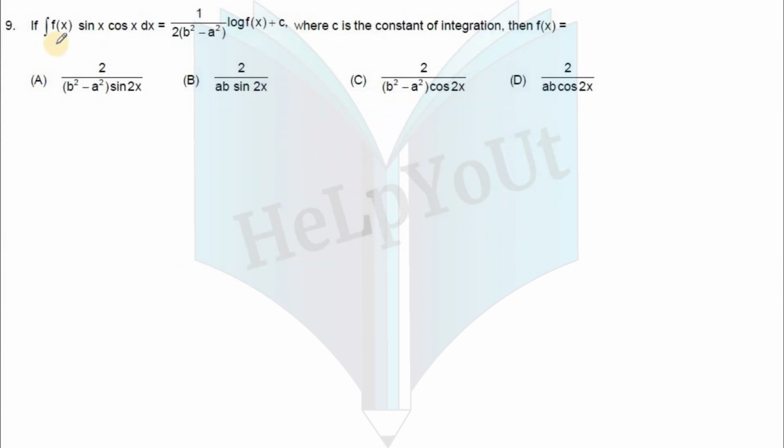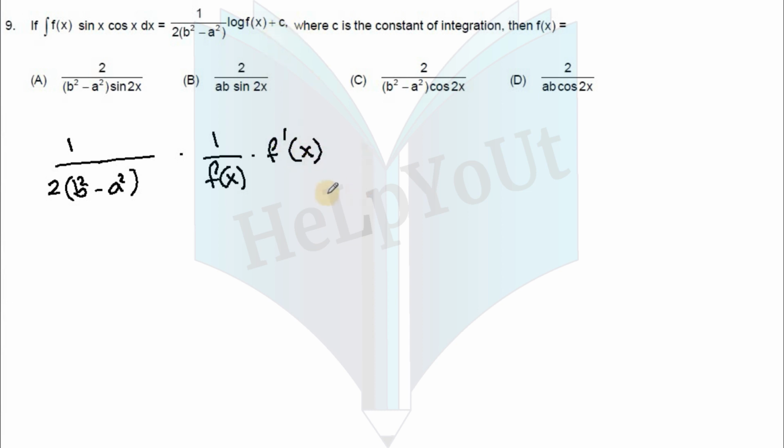For this question, see, we don't know f x. We have to find f x. So for the LHS part, we cannot find the integration. But for the RHS, without knowing f x, we can still find the derivative, because we can write it as f dash x. So let's find the derivative of the right hand side. What will it be? This part is constant, 1 by 2 times (b square minus a square), times log of f x will give 1 by f x, and because of the chain rule we will get f dash x, and c gives 0.